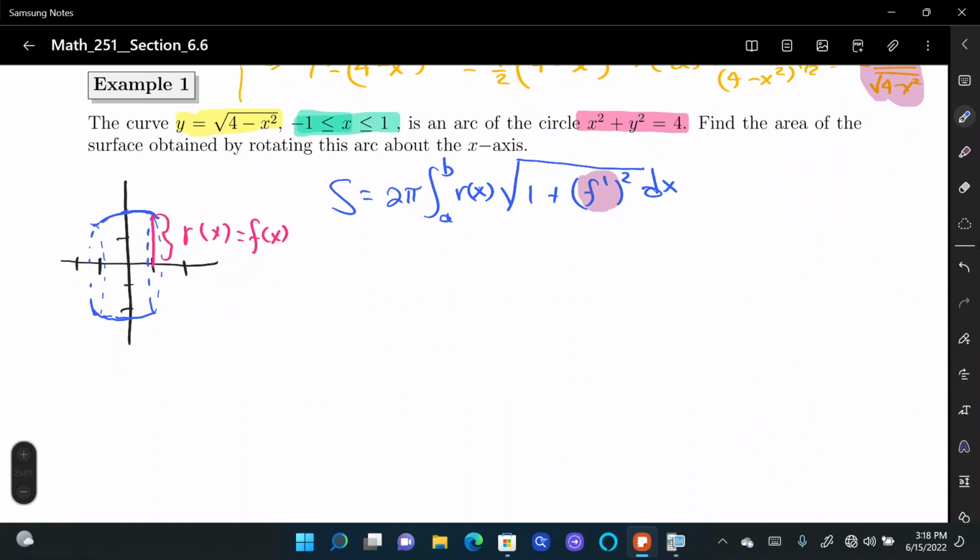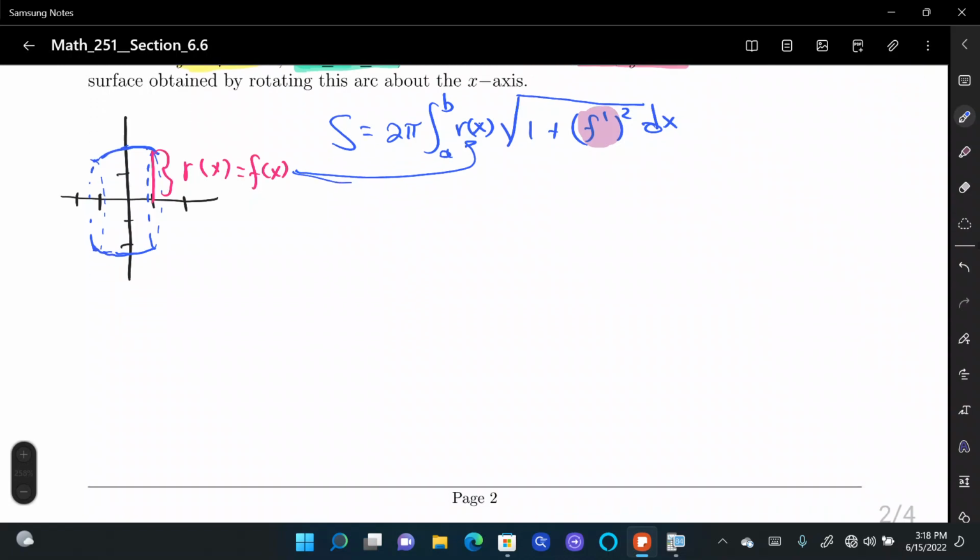The other piece of information is that r of x in this case will be our f of x. So this is 2 pi, integral from a to b of f of x, the square root of 1 plus f prime quantity squared, with respect to x.